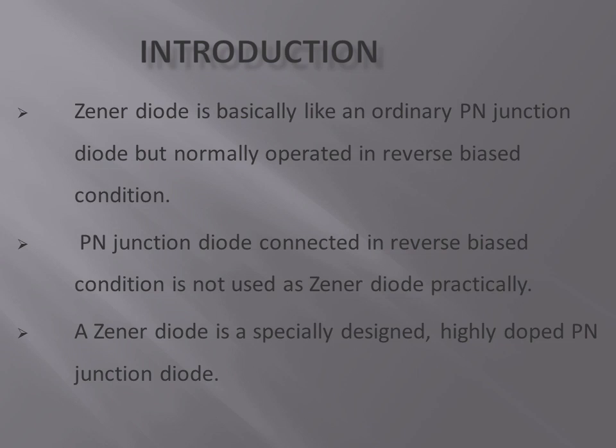And this reverse bias operation can be achieved by using highly doped material. If the PN junction diode is highly doped, we can specially design the diode as a Zener diode.